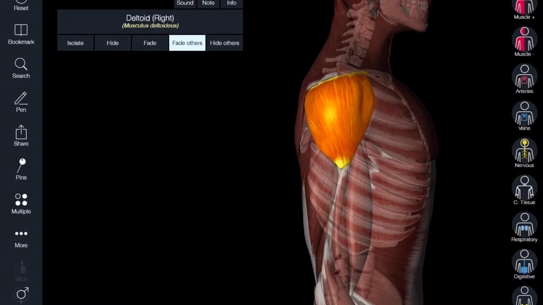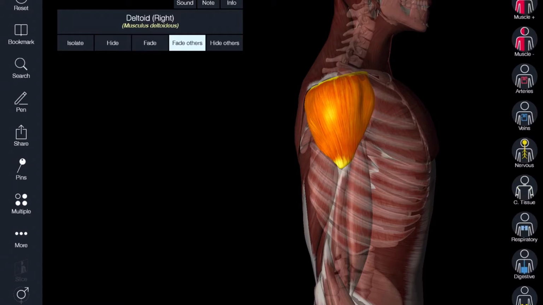If you think about a river delta, where a river feeds out into the ocean, it creates sort of a triangle shape there. Both a river delta and the deltoid muscle refer to the Greek letter delta, which is a triangle shape. So that's where it gets its name.